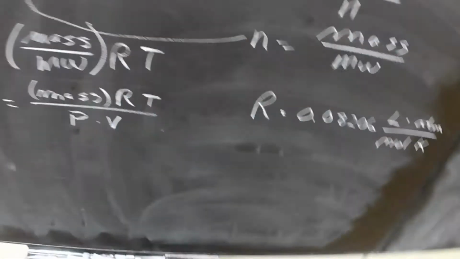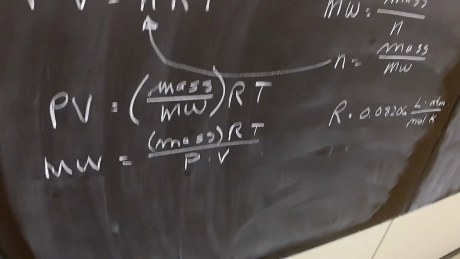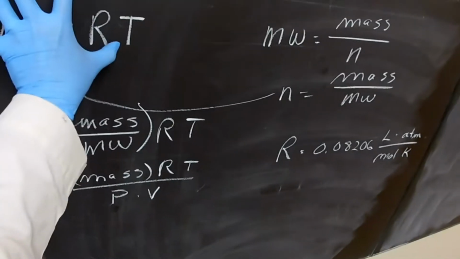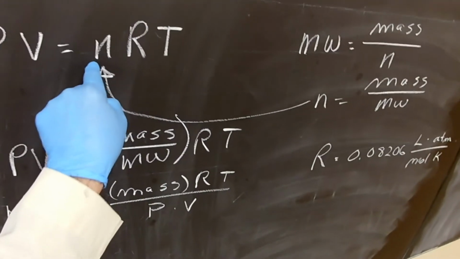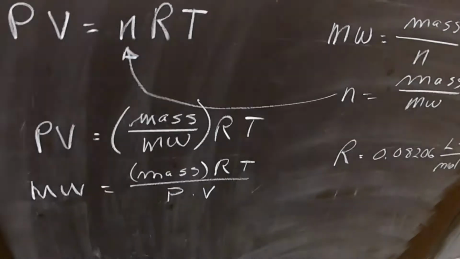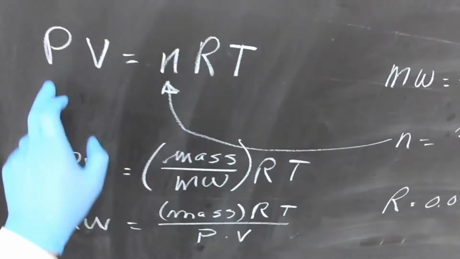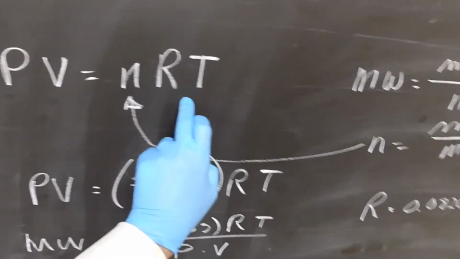All right. This is the way you would solve the problem in one calculation. What you're actually doing is using the gas equation to find out how many moles there are in that gas. So we could plug in the pressure, the volume, the temperature, find out how many moles there are.